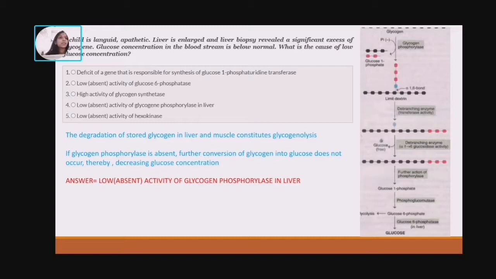So we get an accumulation of glycogen and less concentration of glucose. I hope this question is clear: if there is an absence or less activity of glycogen phosphorylase in liver, the conversion doesn't occur, glucose concentration goes below and glycogen is accumulated.